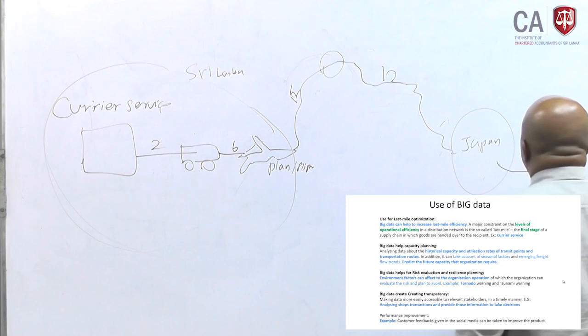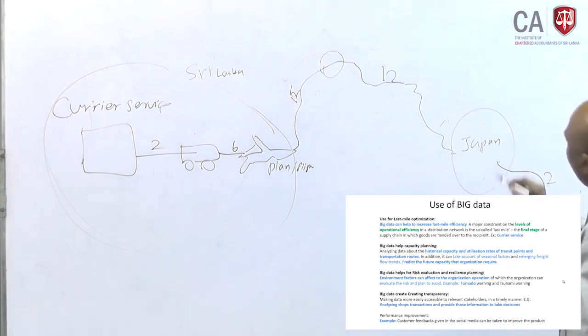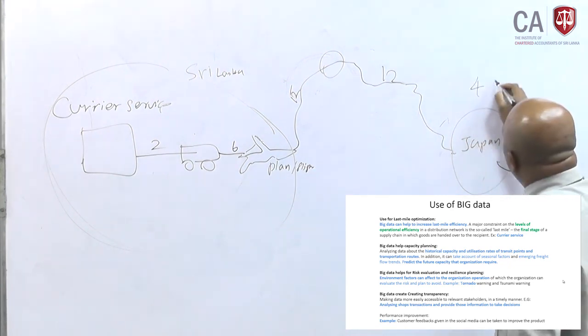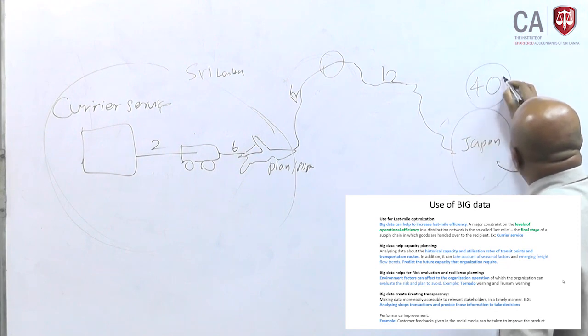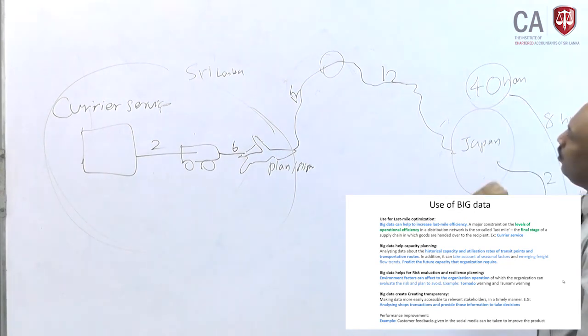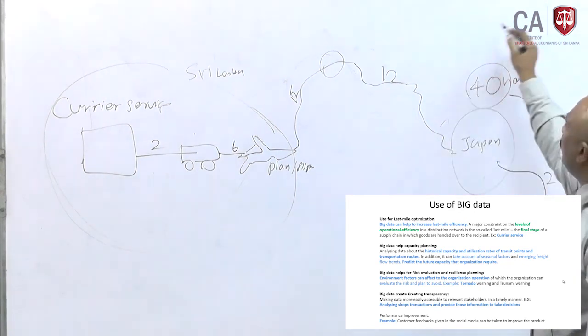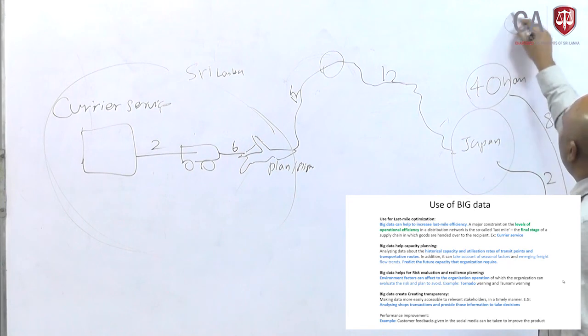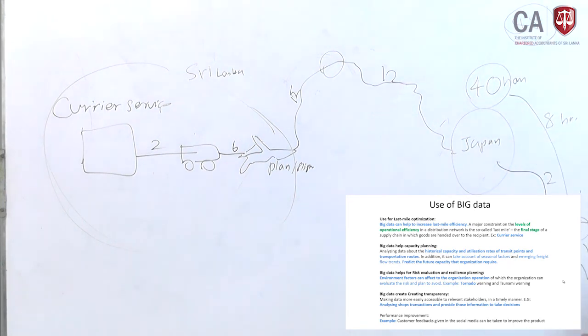It will take 2 times. In here, let's say it took about 40 hours. Going from here to here, 8 hours is the one. So initially you have given the courier service 40 hours, within 48 hours that will deliver.